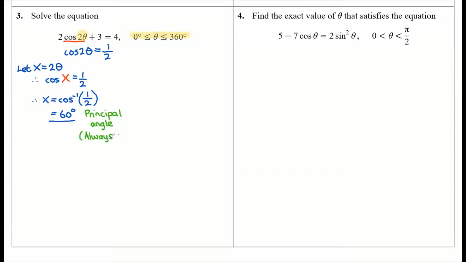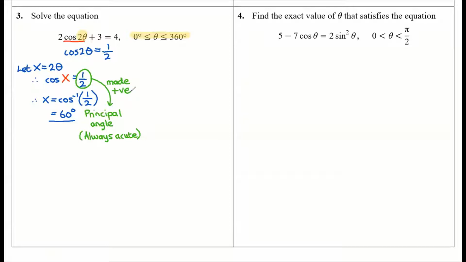Now, why is it always acute? Because when you calculate the principal angle, what you've got to make sure is that if this number here is negative, you just ignore the negative sign when you put it into the calculator. So that needs to be made positive. Okay, so we've got our principal angle now.